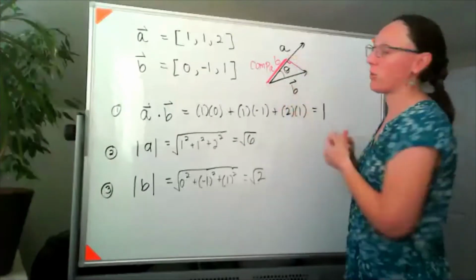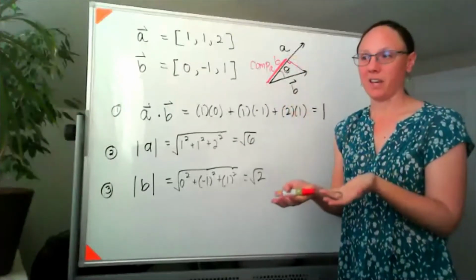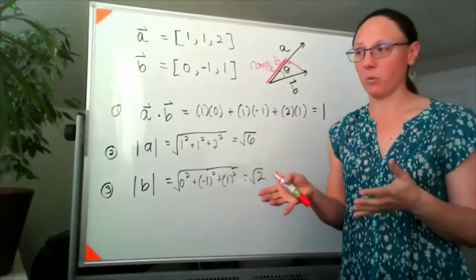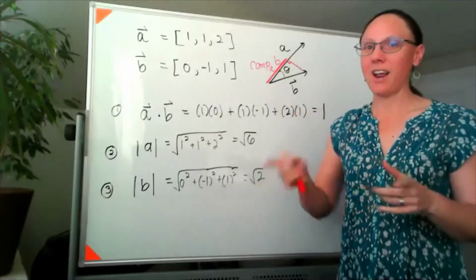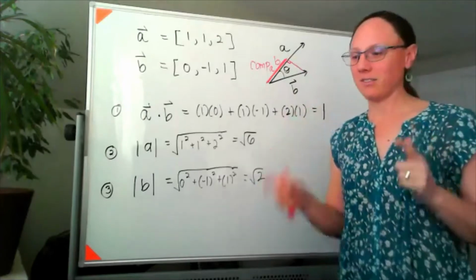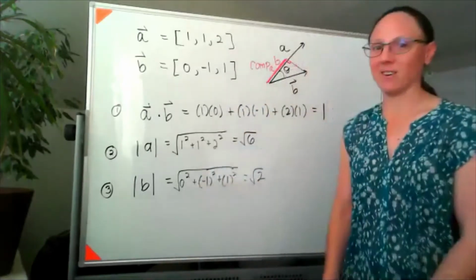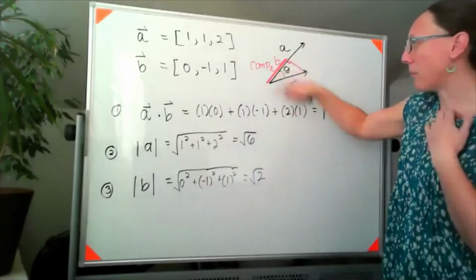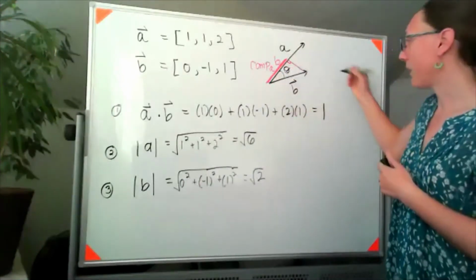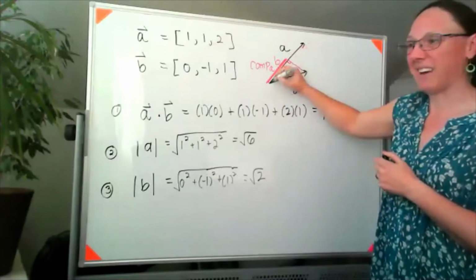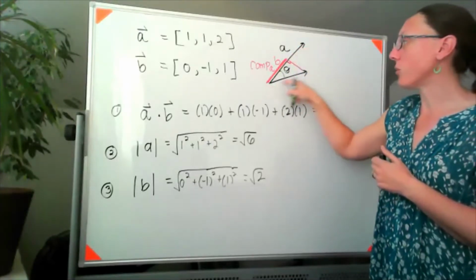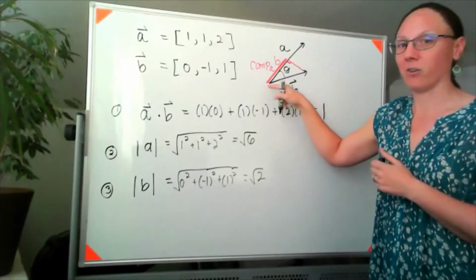So that length right there, we can get using geometry if we really wanted to, or our newfound dot product-y skills. So if I wanted to know that piece right there, and I think about this triangle, I don't know what that piece is, but I do know the length of this side of the triangle.